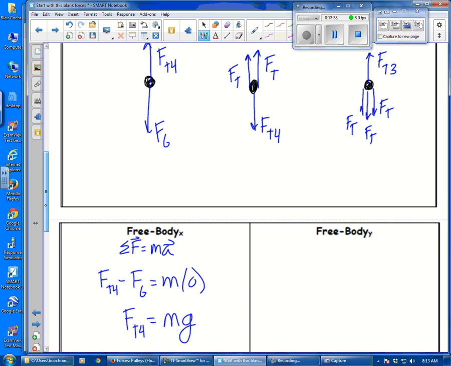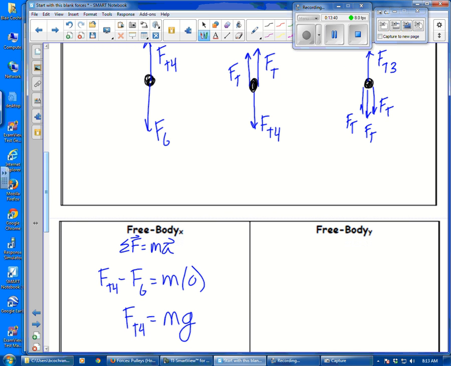And then if I look at that center one, of course, I'd set it up the same way. But what you should notice is that you'll get to the point of 2FT equals FT4. And over here, you should realize you get to the point FT3 equals 3FT. And that should give you enough information to be able to solve it.